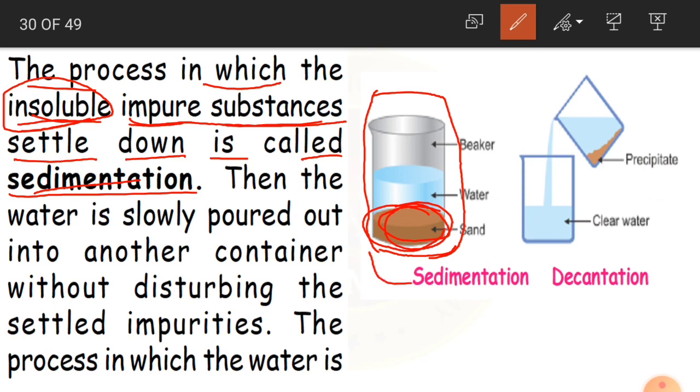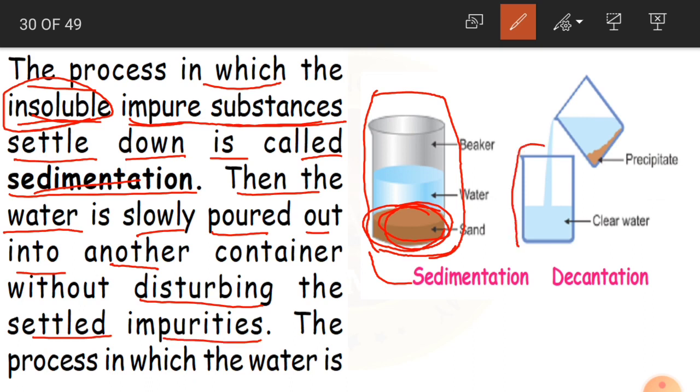And now we'll see about decantation. Then the water is slowly poured out into another container without disturbing the settled impurities. See what we have done here, children?